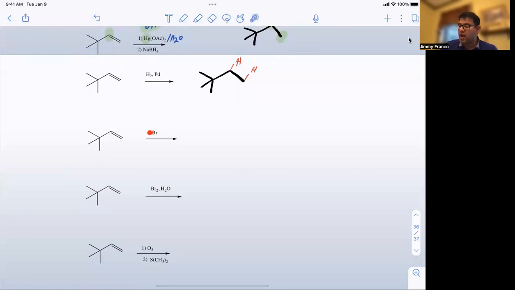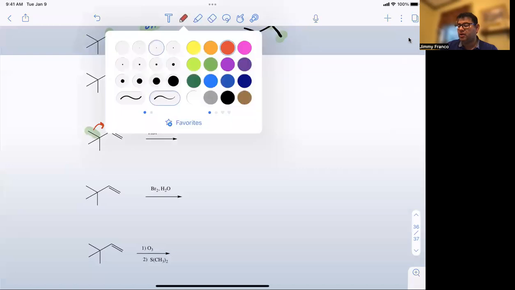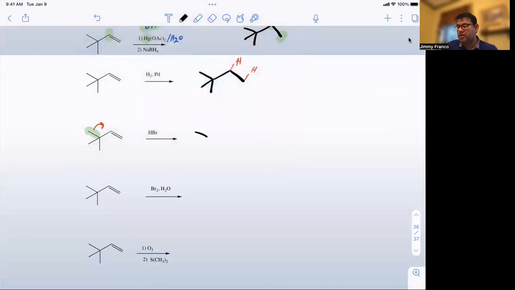And the next one, we're adding HBr. It's going to add by Markovnikov's rule, just like we did with the water reaction, but it has the possibility of rearrangement. So we would get a secondary carbocation as our intermediate, and then our methyl group would shift over. What I want to highlight is this methyl group is going to rearrange, just like we saw for the alcohol group on the previous page.